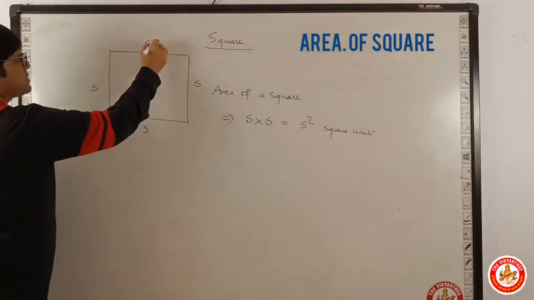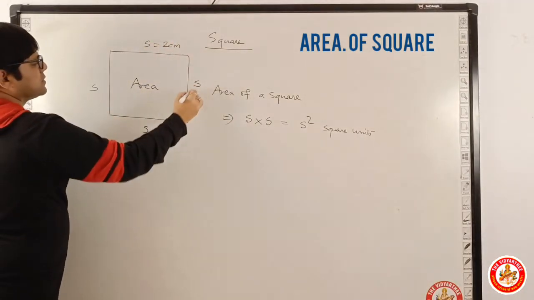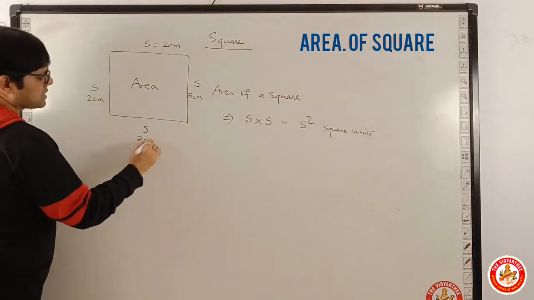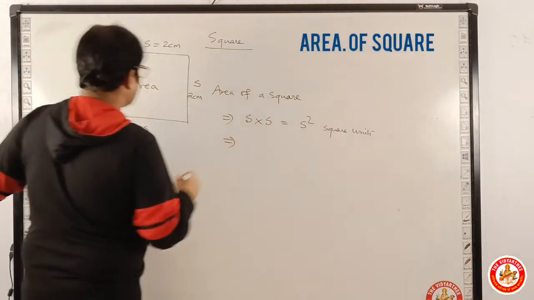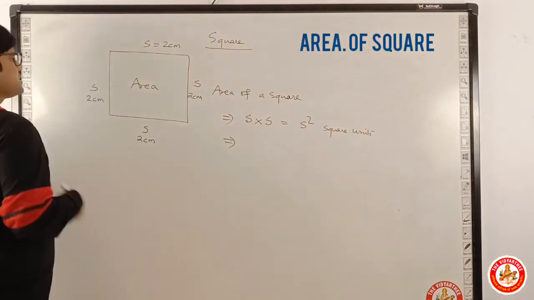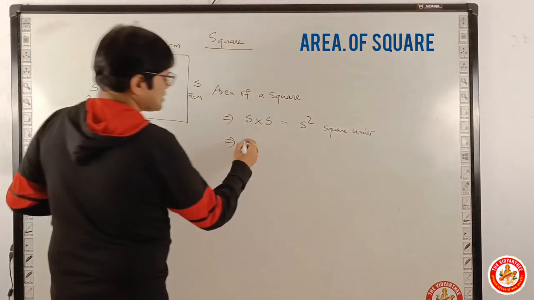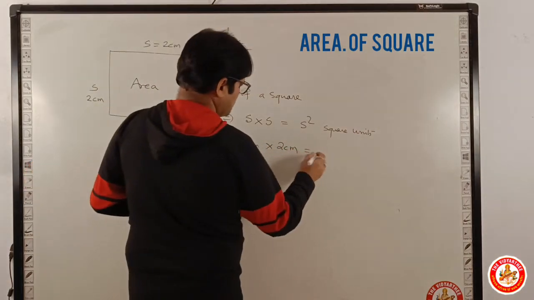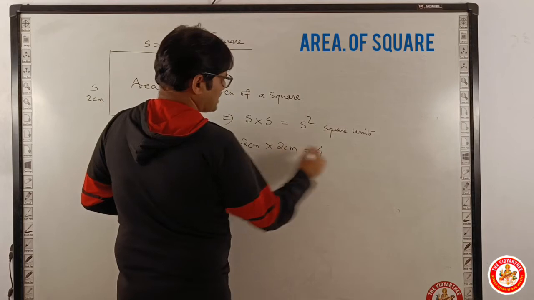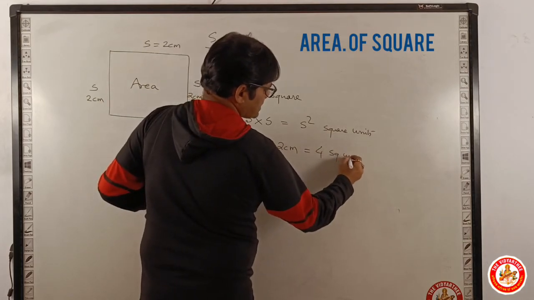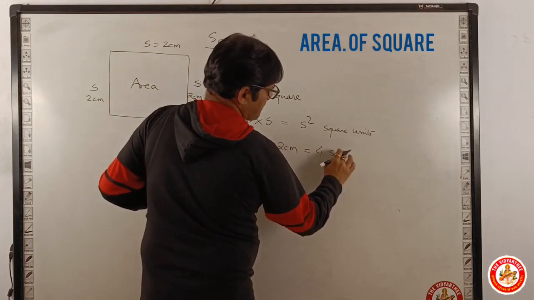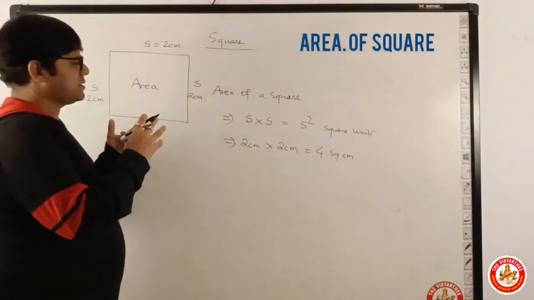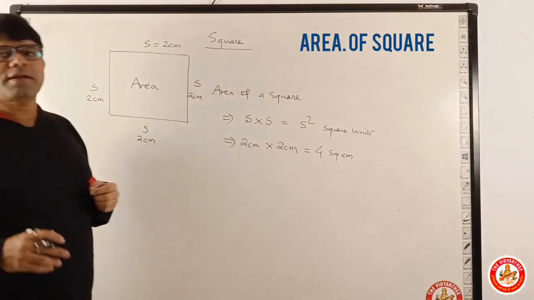If each side measures say 2 centimeters, this is also 2 centimeters, this is also 2 centimeters, 2 centimeters, then the area of such a square which has side measuring 2 centimeters is 2 centimeters into 2 centimeters, which is equal to 2 2s are 4 square centimeters. So this is how we get it. So the area of a square will be just the square of its sides.